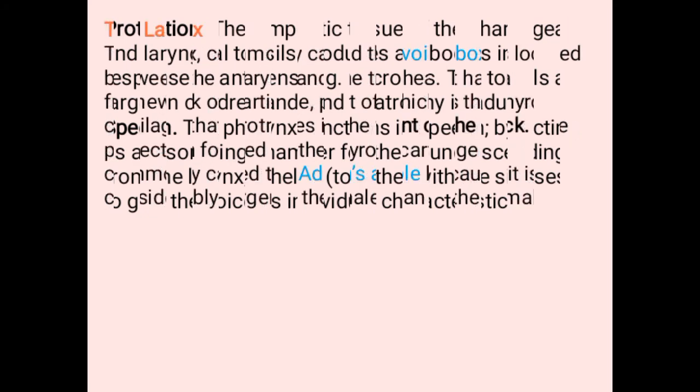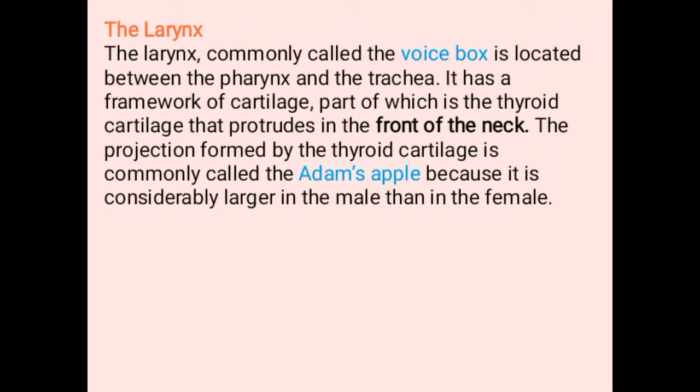We move on and look at the larynx as one of the structures of the respiratory system, primarily the upper respiratory system. The larynx is commonly known as the voice box. Why? Because this is where the voice is generated from, and its location is between the pharynx and the trachea.